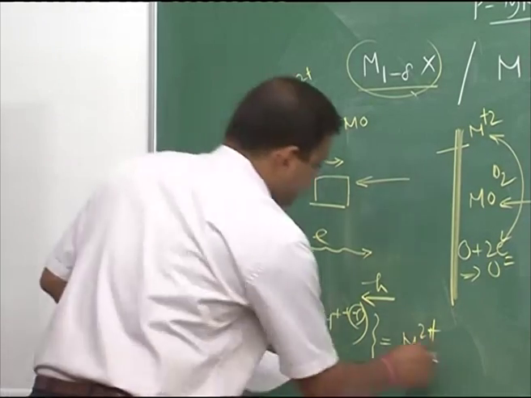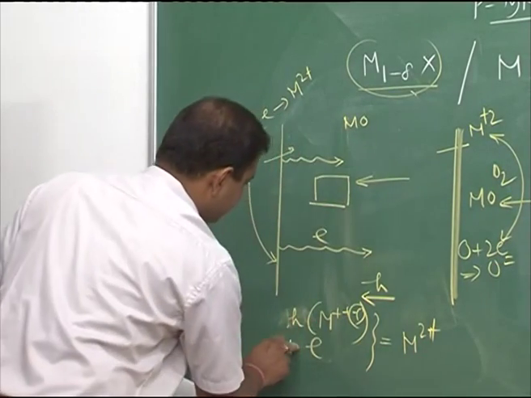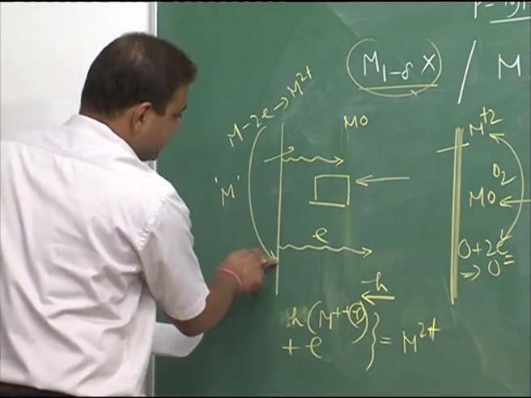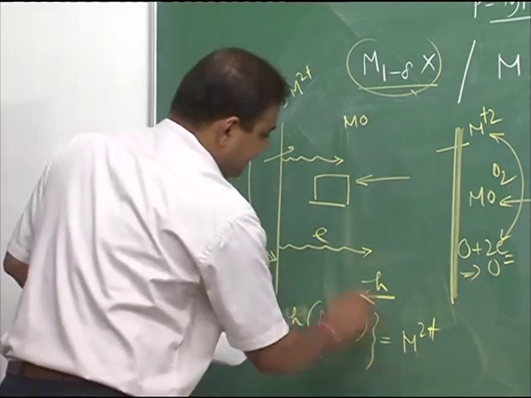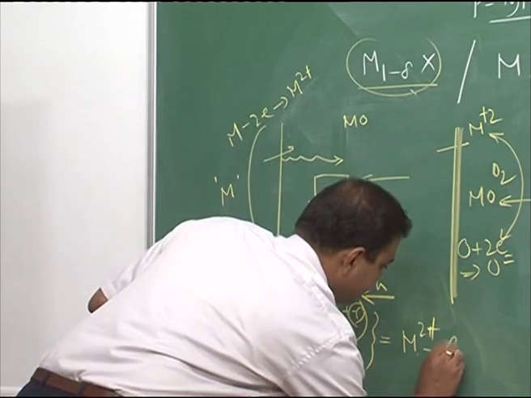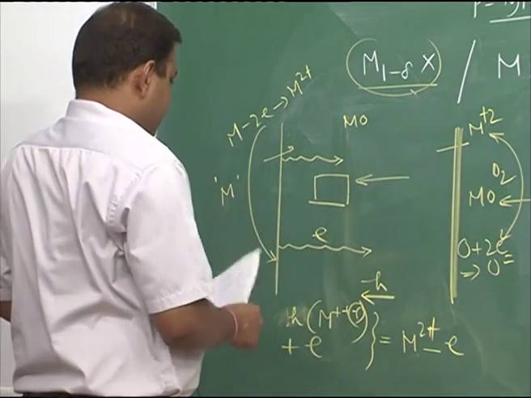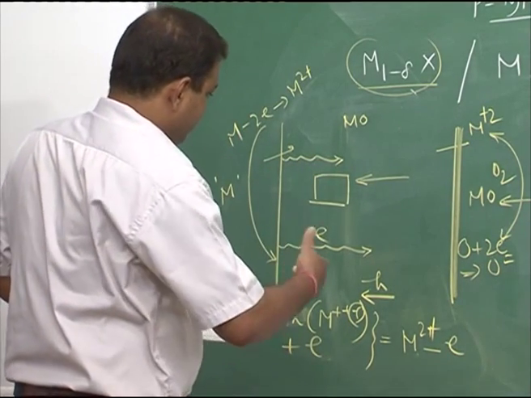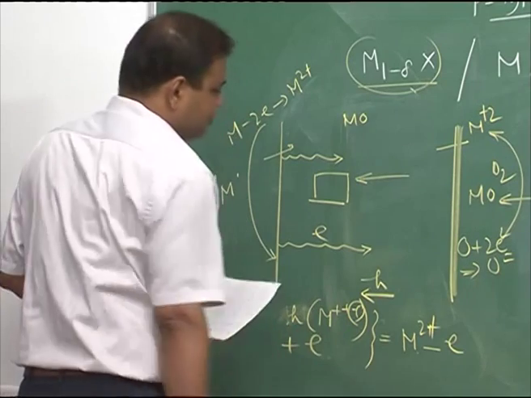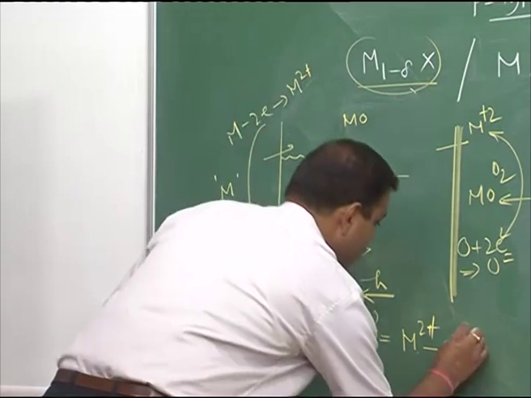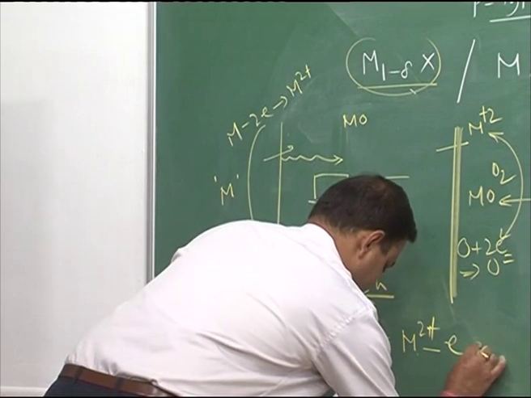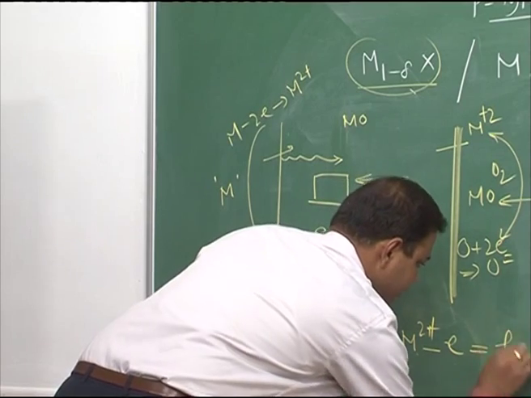Now, the electron has come from this to this point. Again, one electron will be removed from M2+, so another hole will be formed.